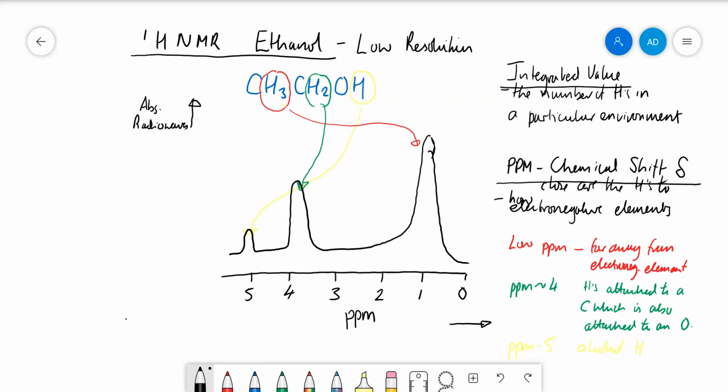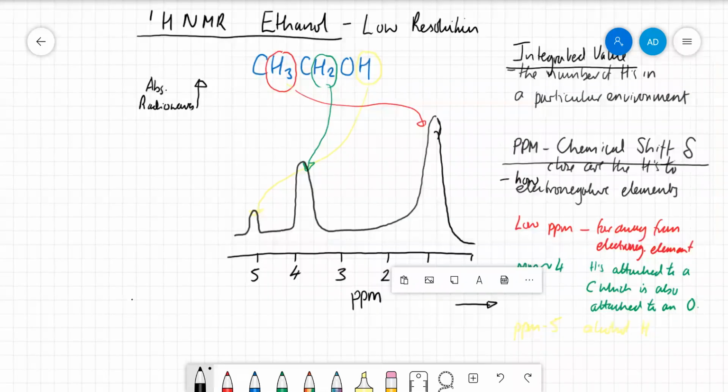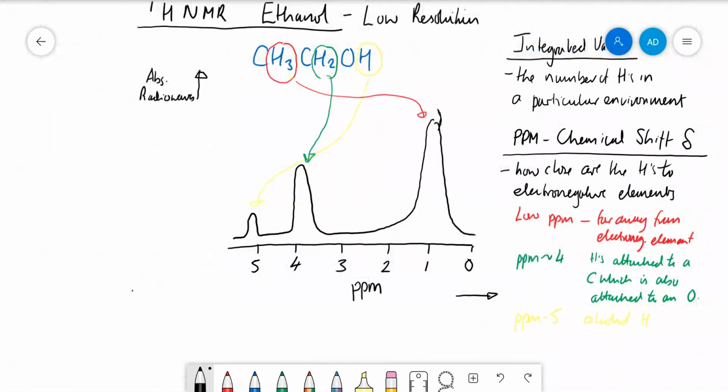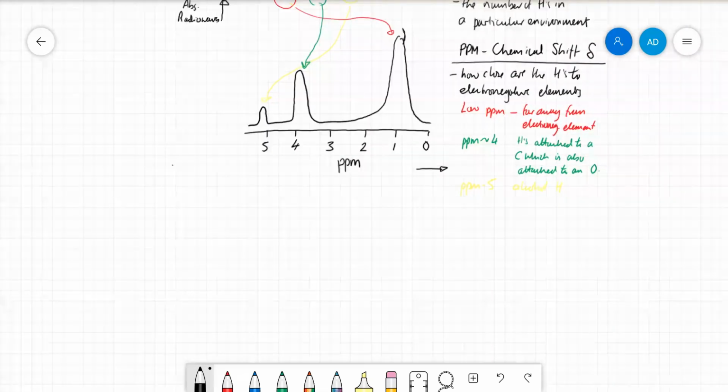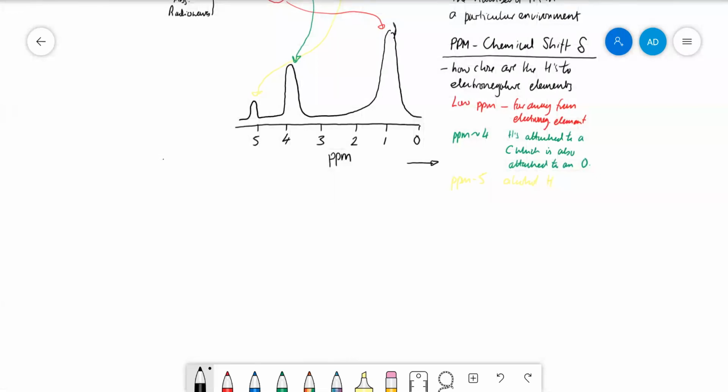Now there is a lot more information that you can gain from a spectrum. This is at low resolution. If you look at high resolution, you'll see that each of these peaks is split into several smaller peaks, and that gives an awful lot of information. So let's have a look at this at high resolution.